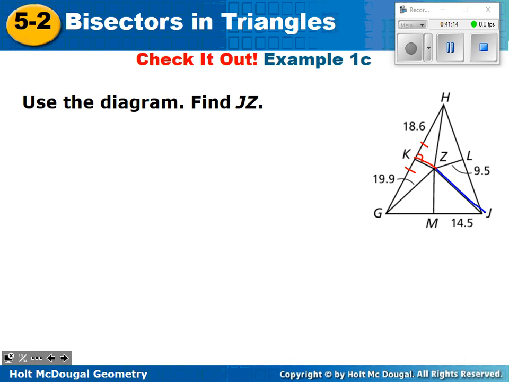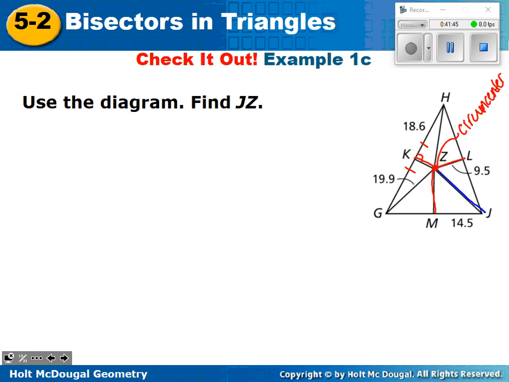We're looking for JZ. What do we know about all the perpendicular bisectors in this picture then? Or at least two of them. What other one would have to be a perpendicular bisector? LZ, what else? ZM. Because we know that this is a perpendicular bisector, so where they touch there at point Z, that point Z is now going to be our circumcenter.